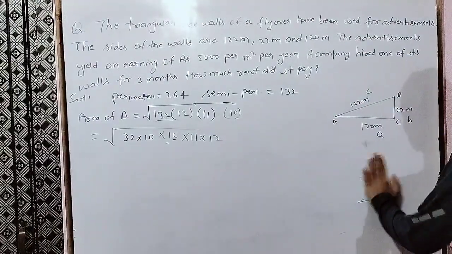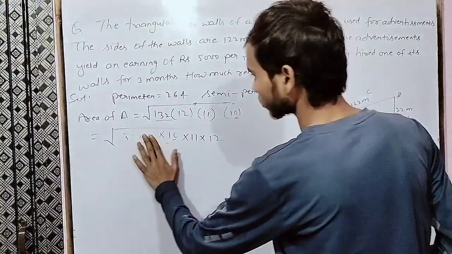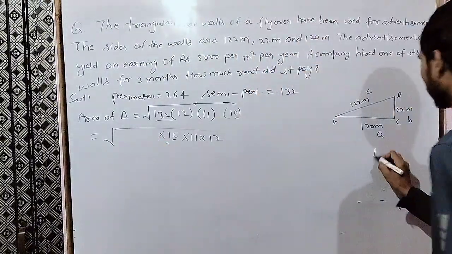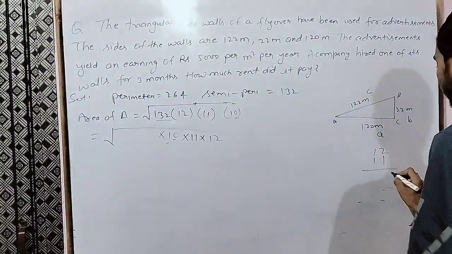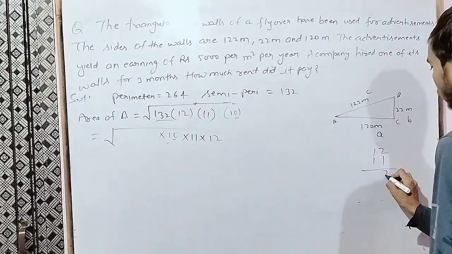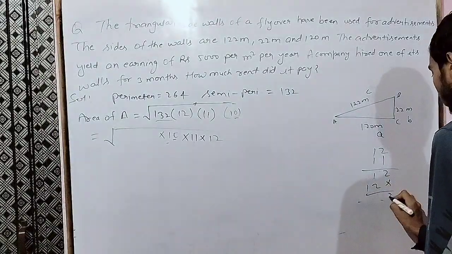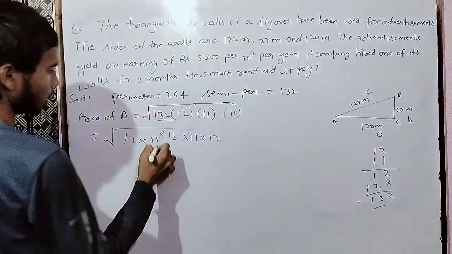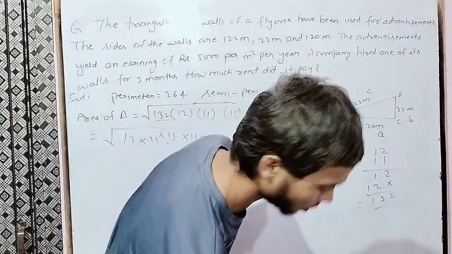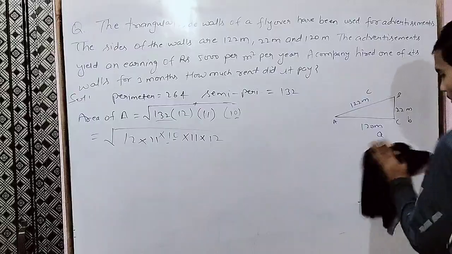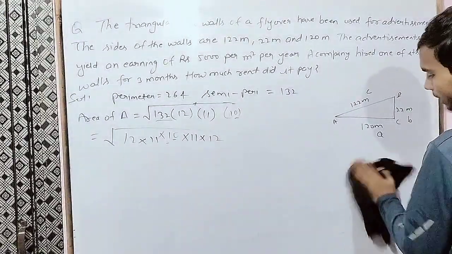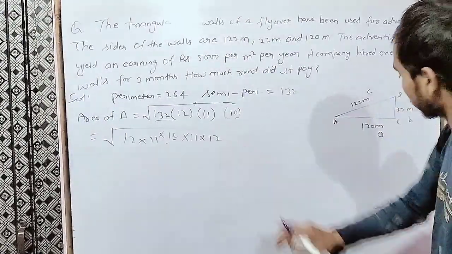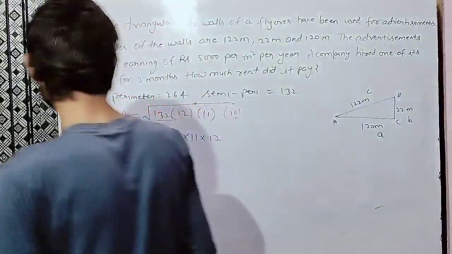But here this was wrong. 12 multiplied by 11. Yes, here it will be 12 multiplied by 11. Now till here, this is correct. I did wrong here. That's why the answer was wrong.